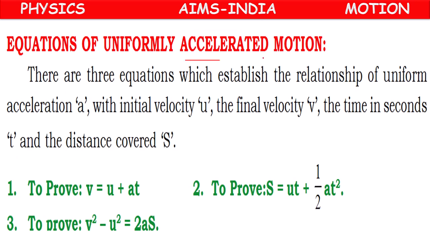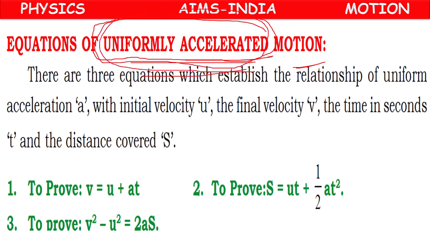So for uniformly accelerated motion, means for the bodies whose change of velocity is uniform according to time interval, they are said to be uniformly accelerated bodies. In that type of motion, some equations are applicable. They are called equations of uniformly accelerated motion.